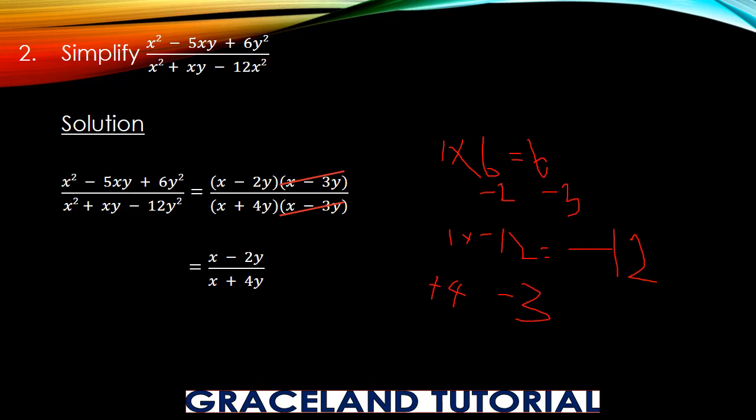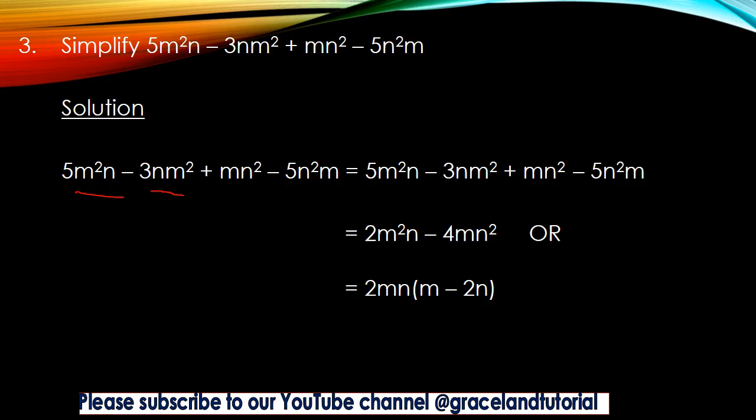All you need to do is cross them out. When you cross them out, you are left with x minus 2y in brackets over x plus 4y in brackets. Since nothing else can go in that, our final answer is x minus 2y over x plus 4y. And let's quickly look at the last question.